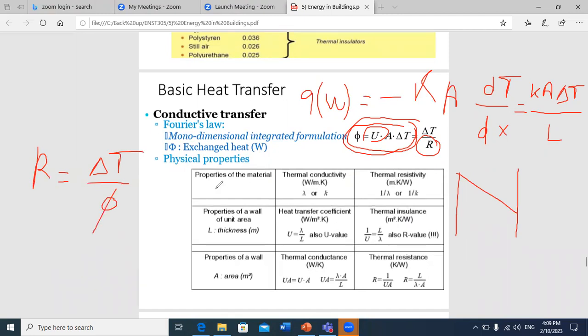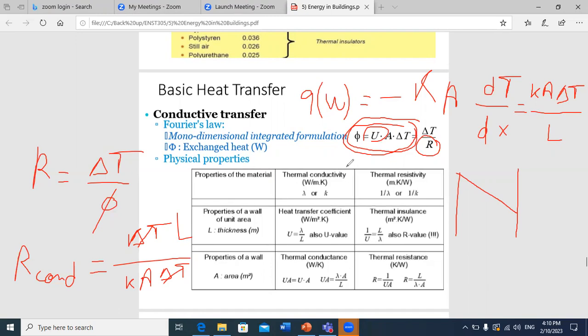And then if you apply this here, you can deduce that the resistance in conduction is equal to delta T over KA delta T over L. So L will go upward. And if we simplify delta T, we deduce that the resistance in conduction can be written as L over KA, okay? So if we consider per unit area, it's L over K.